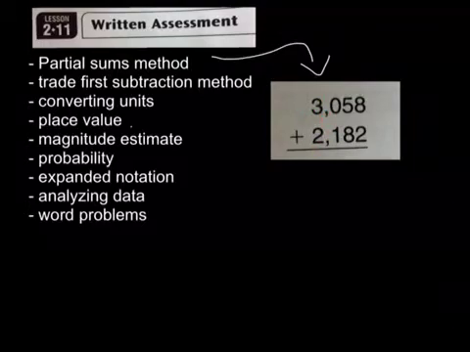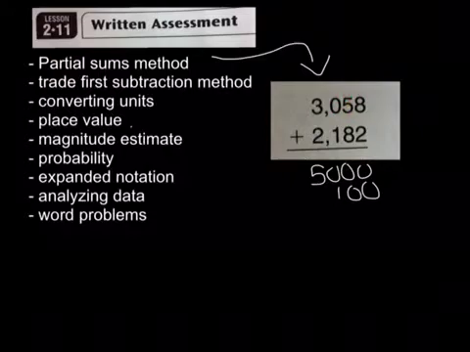So 3,000 plus 2,000 is 5,000. And then the next one, 0 plus 100 is simply 100. And then the next place value is 50 plus 80, which is 130, so you write 130.